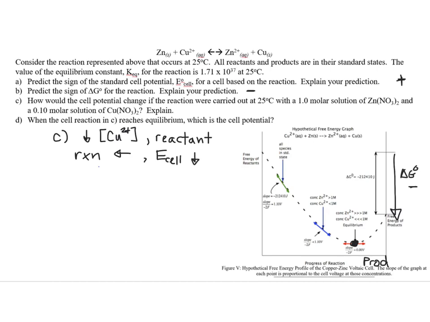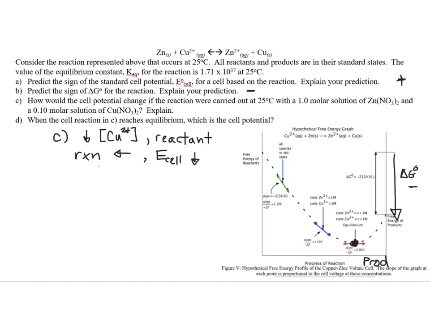You can also use this graph as a visual way to think about it. So let me show you. There's going to be some point on this graph where all the species are in standard state, where Q would be equal to 1 because the concentration of zinc is 1 molar and the concentration of copper is 1 molar. So basically you've got equal concentrations of products and reactants at that point.